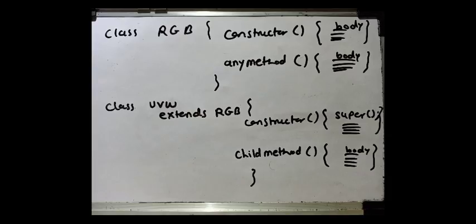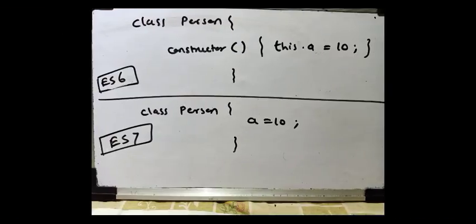Means within the constructor of the child you are explicitly calling the super constructor, or the constructor of the super class. Okay, this is very important and very essential. Then only your inheritance will be applicable.